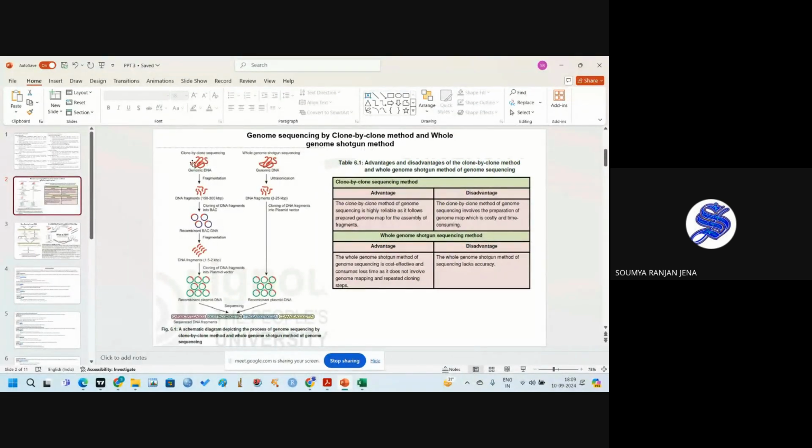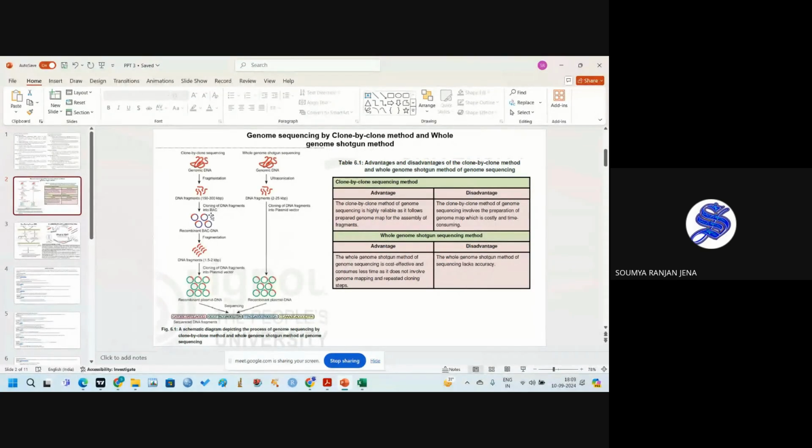First, we isolate the genomic DNA from cells or tissue. Then we fragment it with different restriction endonucleases or DNase enzyme. This fragment should be between 150 to 300 kilo base pair, because here we have to clone these 150 to 300 kilo base pair DNA fragments in a bacterial artificial chromosome.